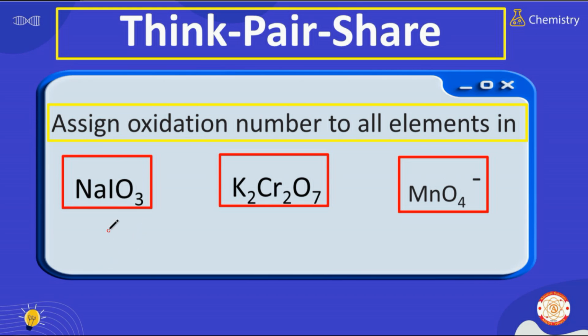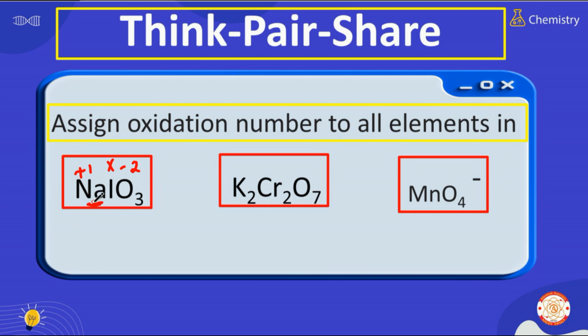So I'm going to start from sodium. What is the oxidation state of sodium? Remember, group 1A elements have an oxidation number of +1. And I will assign this X. What about the oxidation state of oxygen? It is -2. Now let us calculate the oxidation state of iodine.